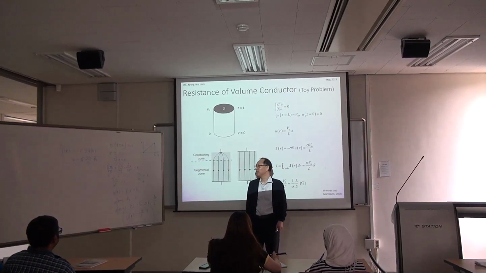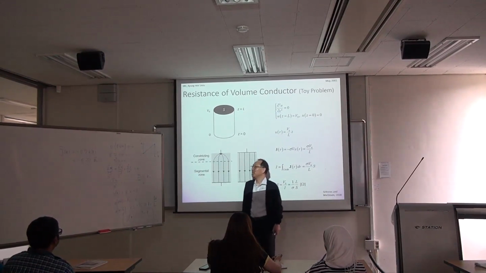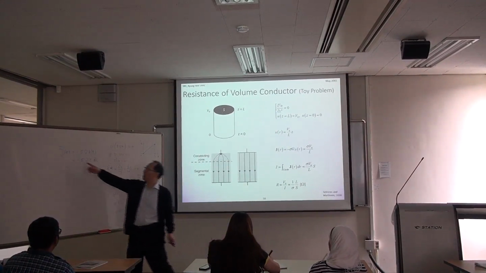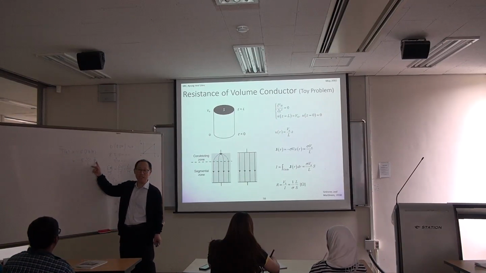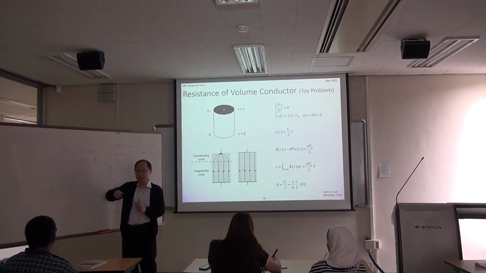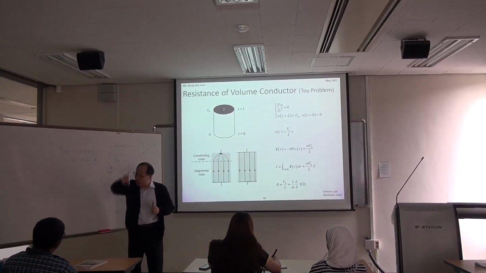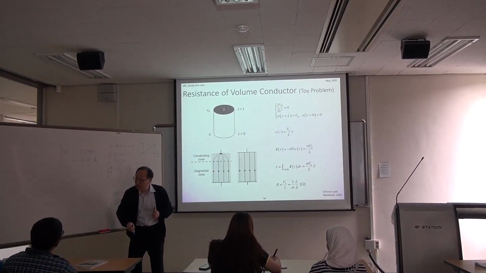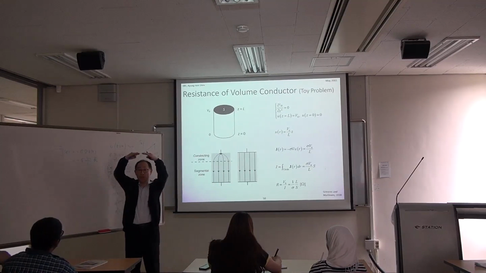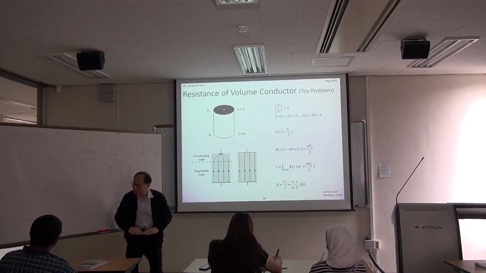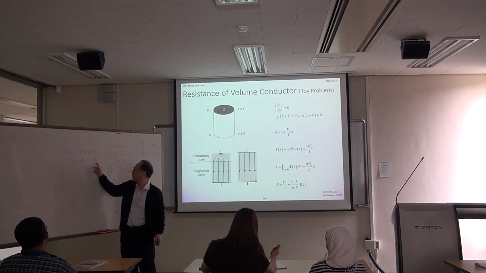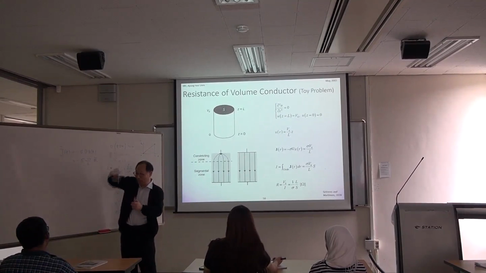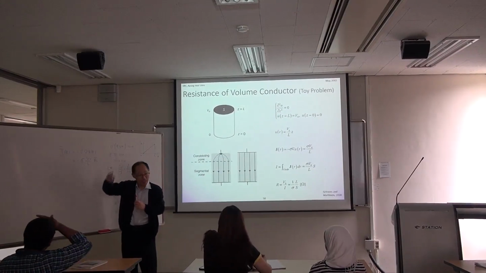So what's the direction of current density? Minus a_z direction, which means from the top to the bottom. So current flows from the top surface to the bottom surface. Current flows down. Okay?